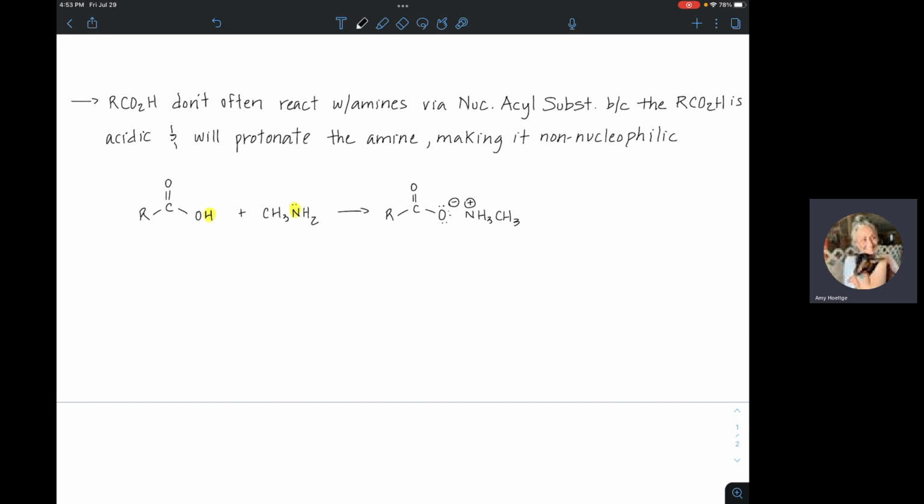And that's just going to sit there and stare at you. So you're not really going to get a nucleophilic acyl substitution. If you want to make an amide, there are other ways to do it. But using a carboxylic acid isn't the brightest way, right?